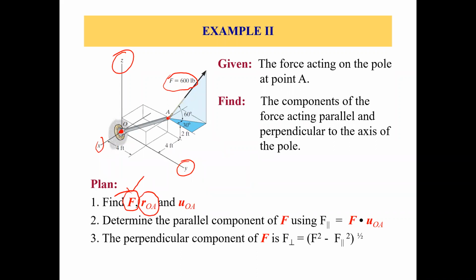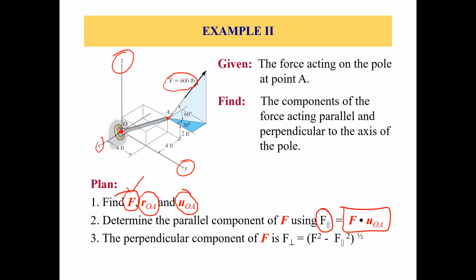Then we find the unit vector UOA. Then determine the parallel component of F: F parallel equals F dot product with the unit vector UOA.